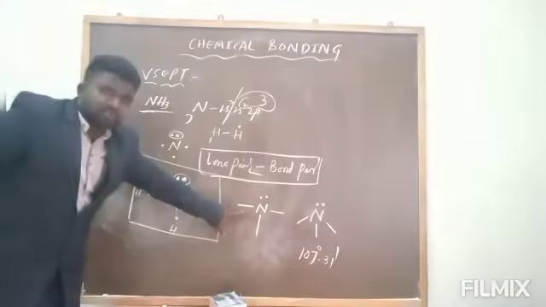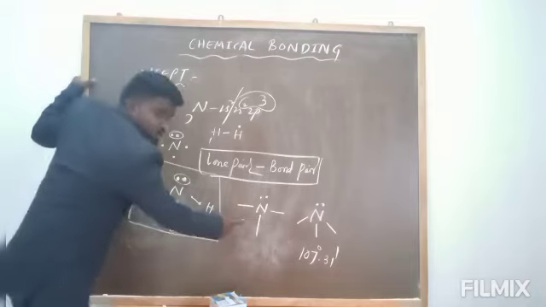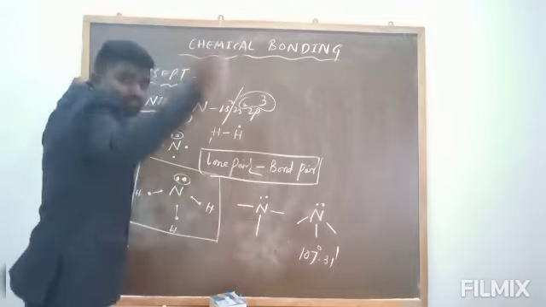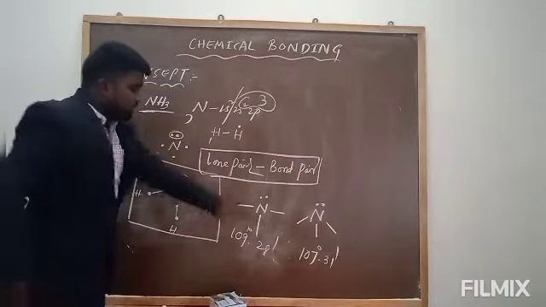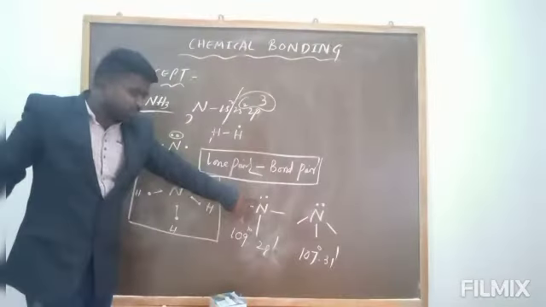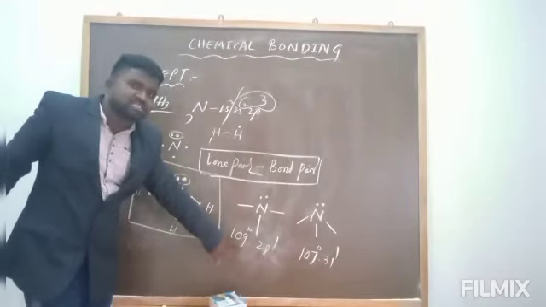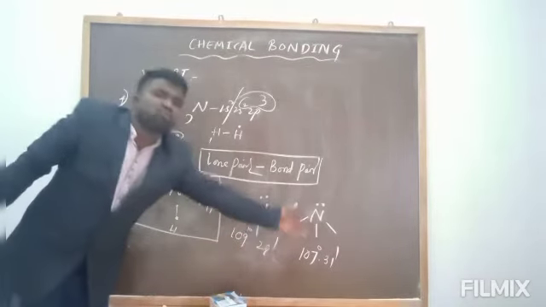Actually, before repulsions ammonia has a tetrahedral shape, so how much? 109 degrees 28 minutes. But due to the presence of the lone pair, the 109 degrees 28 minutes changes into 107.